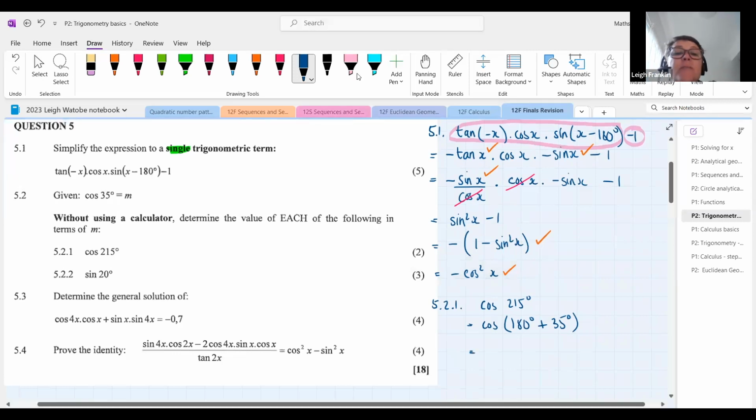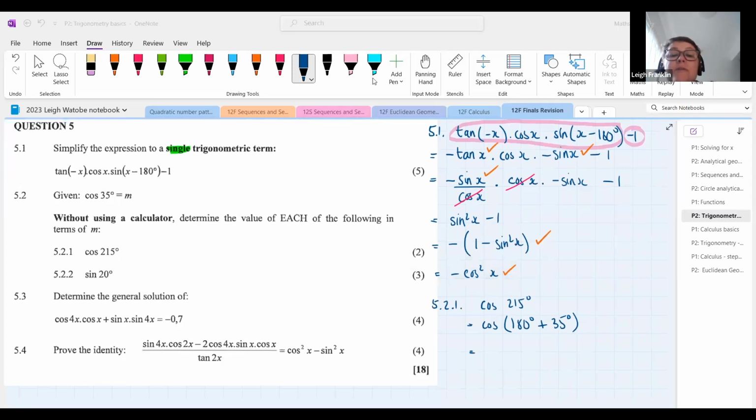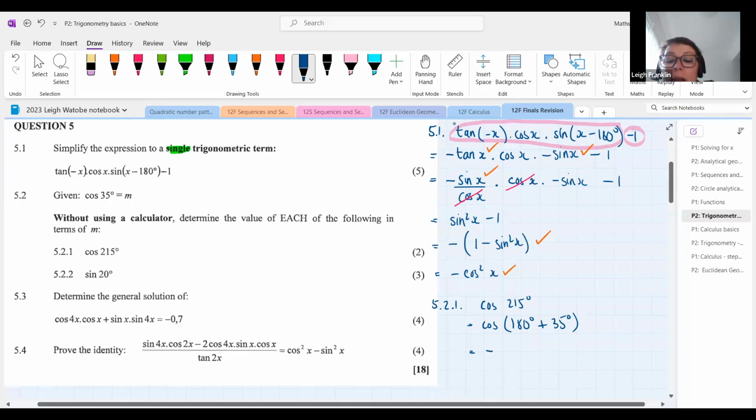Is cos theta positive in the third quadrant? Indeed, into causal, yes. Okay, it is not. It is not positive in the third quadrant. So remember our CAST diagram. So this is going to end up being negative cos 35, which gives us negative m.